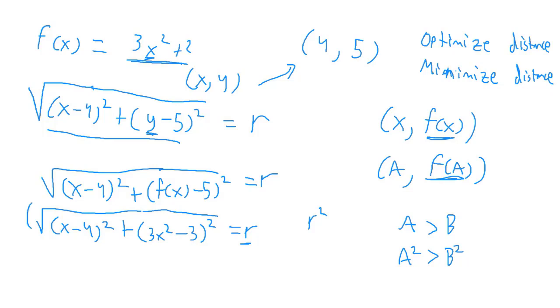If we square both sides now, we get x minus 4 squared plus 3x squared minus 3 squared equals, and let's call our objective function f now, which is the same thing as r squared. Remember, we're taking the derivative of f now, because f is our new objective function, so we don't have to worry about implicitly deriving this like 2r dr.